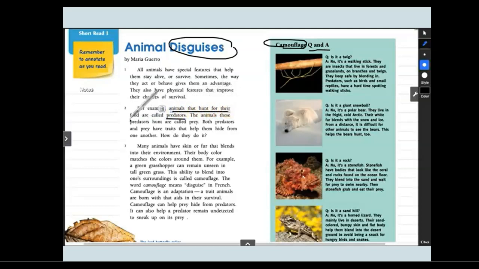I'm going to do the same thing for the word prey here in the second sentence. Prey are the animals that predators hunt. So I'm going to underline that sentence as well.